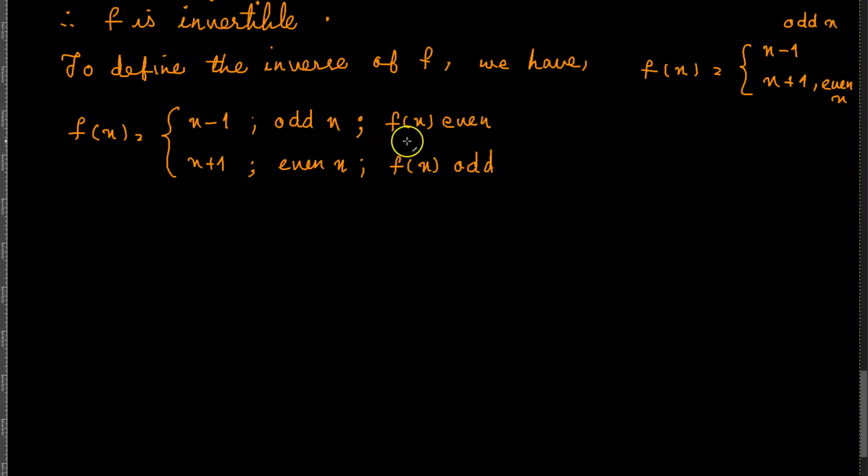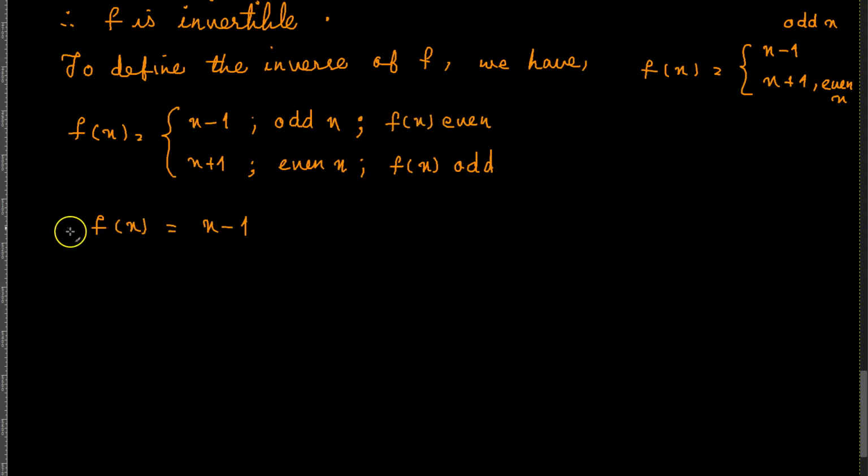Now if I denote some even f of x as y, so if I have f of x equal to x minus 1, and this is going to give me all of these even f of x's.